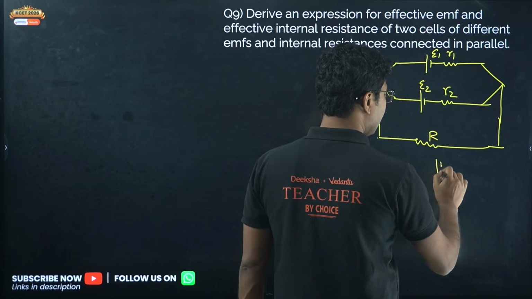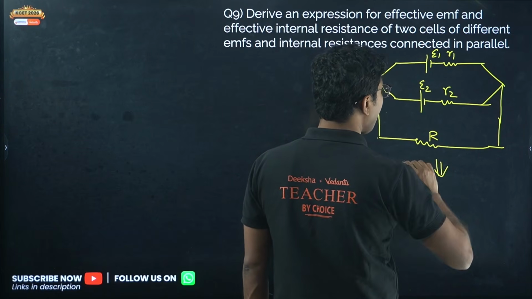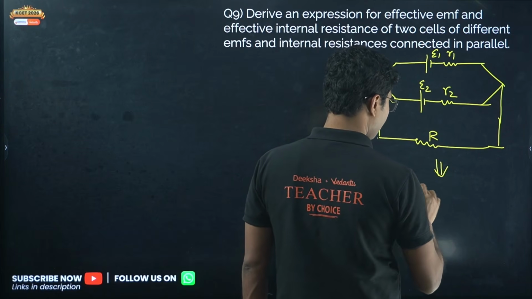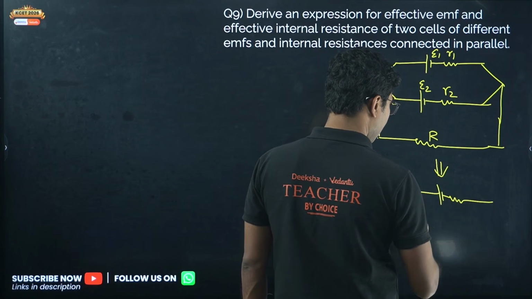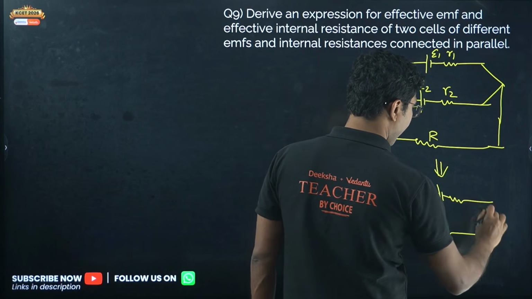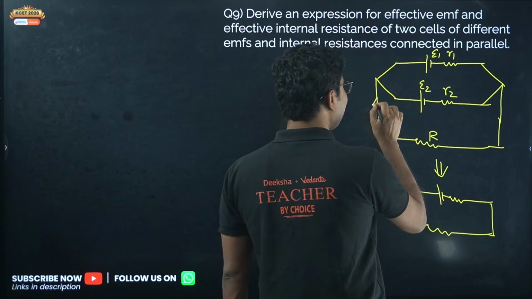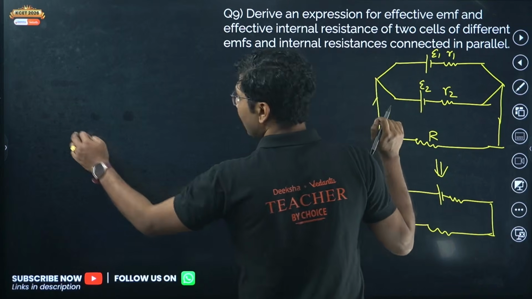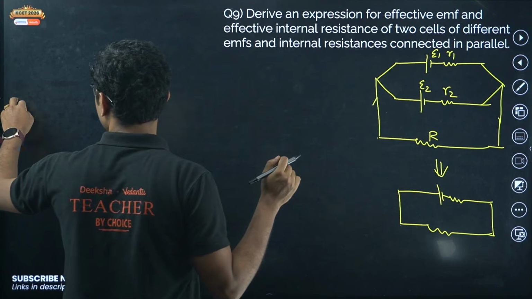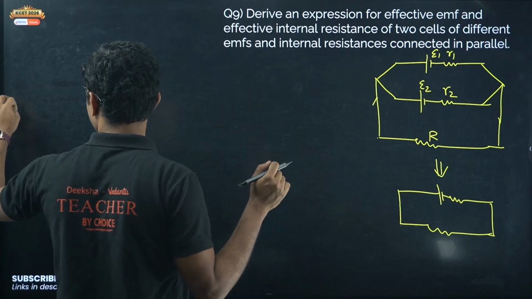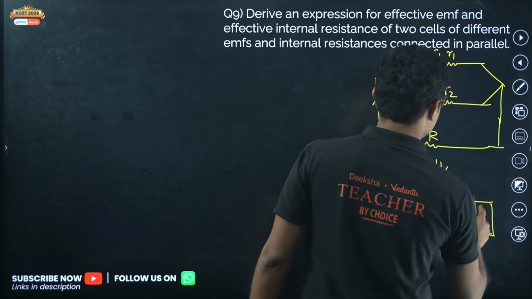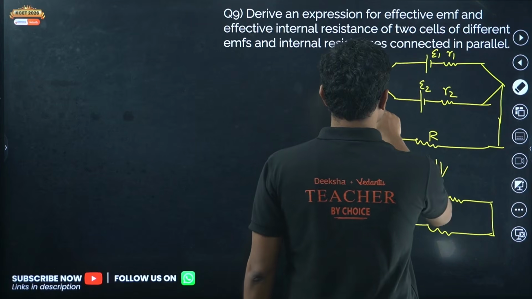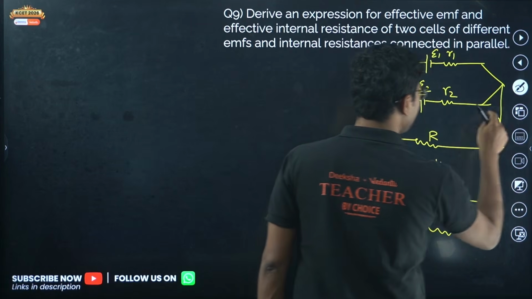An equivalent circuit is given by only one cell and one internal resistance. Now current in this particular case is obviously not constant. Remember that.